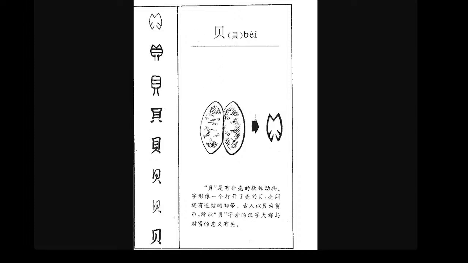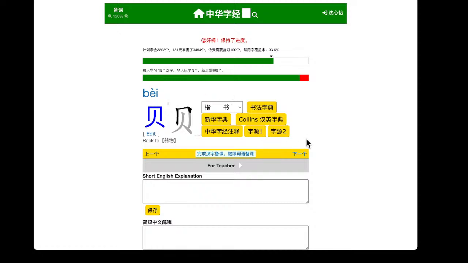Because in very ancient times people used the shell as money, in Chinese pretty much all the characters related to money or property have this 贝 radical in them. So this is 贝.